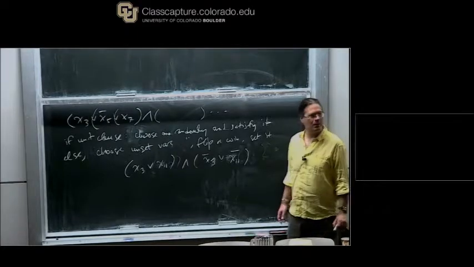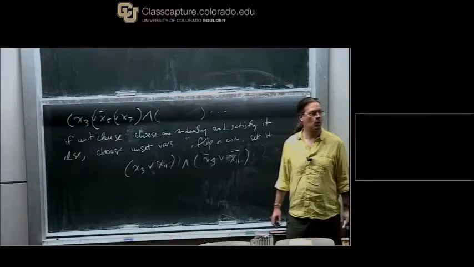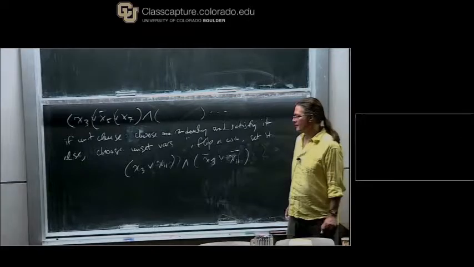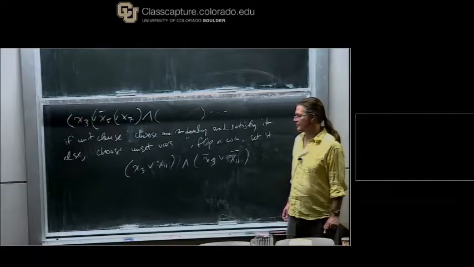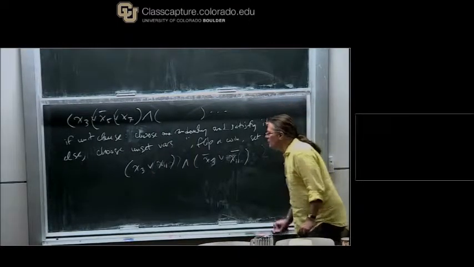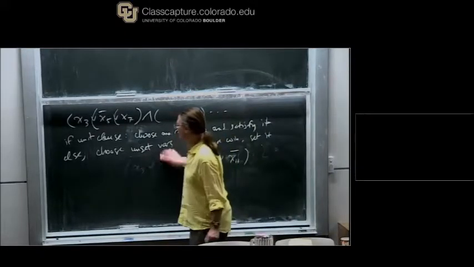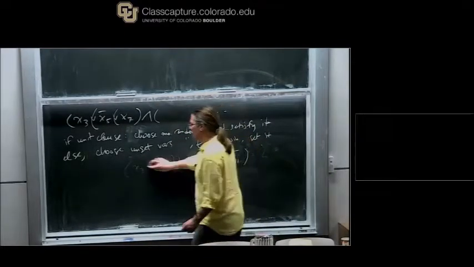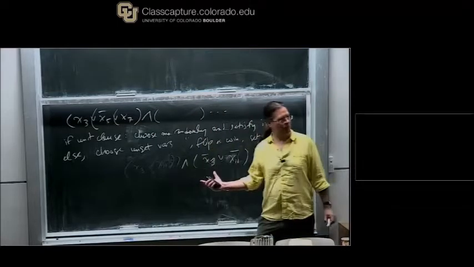But if the first one is x3 or x3, then x3 must be true, right? And then you go to the second clause, and you flip and say, oh, x3 should be false. What do you do at this point? But inside the clauses we have ors, not ands.